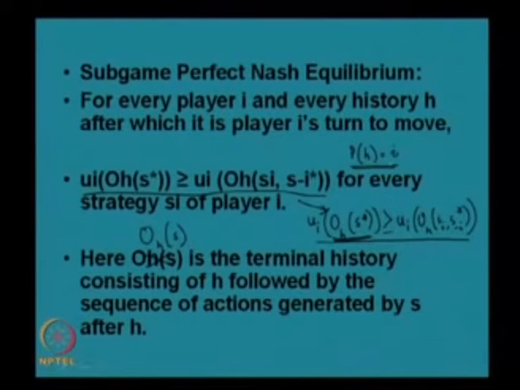Then it must be the case that i is taking an action Si star which is optimal for him in the following sense: if he changes his action to Si, then his payoff cannot be more. It can either be less or equal, and that is why taking this action Si star is optimal.